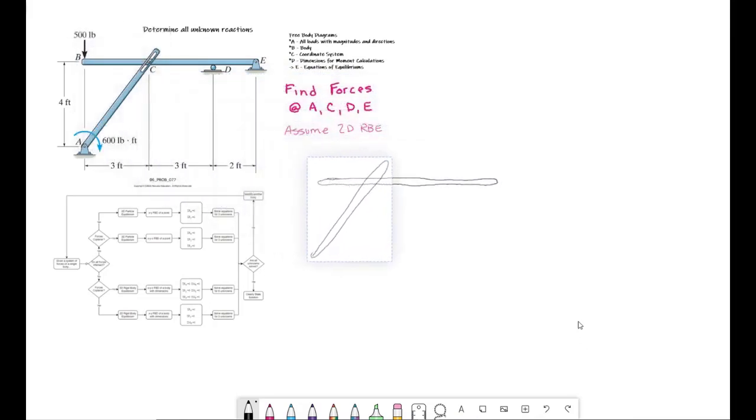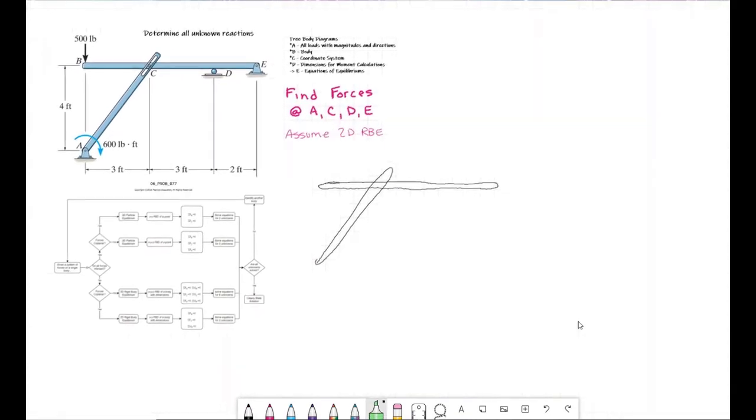The body is drawn here. It doesn't include the pin, it doesn't include the moment or the connections to the environment, it just has the full frame shown.